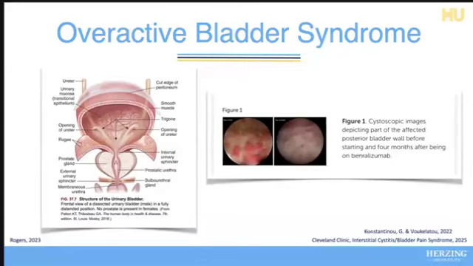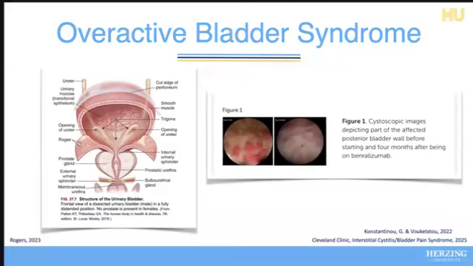OAB occurs when the bladder muscle contracts involuntarily, specifically that detrusor muscle, which forms the muscular wall of the urinary bladder, and it's the primary cause of overactive bladder syndrome. That detrusor overactivity leads to those symptoms that we see in OAB.